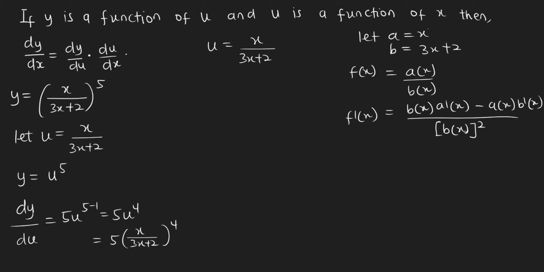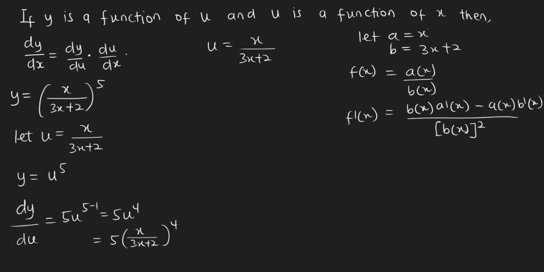It's just the quotient rule that I'm applying here. So what you need here is a prime and b prime. The same thing that I'm going to apply to find du/dx.